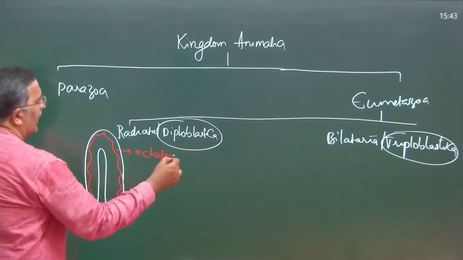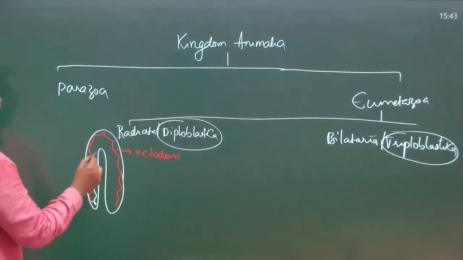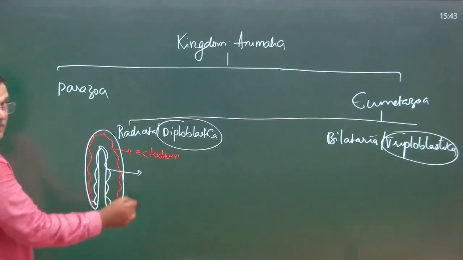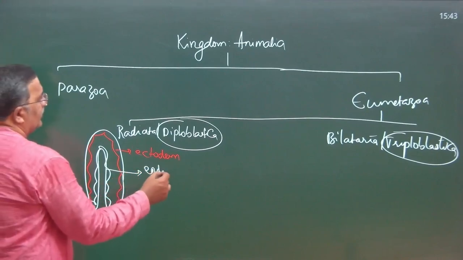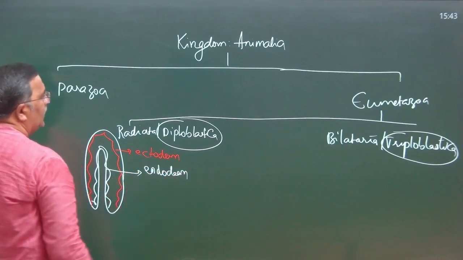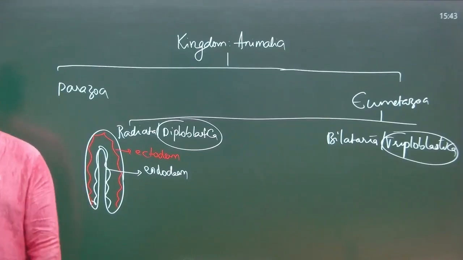Ectoderm. And the germ layer inside is endoderm. So you only need to remember what a germ layer is: germ layer means the layers of the embryo.